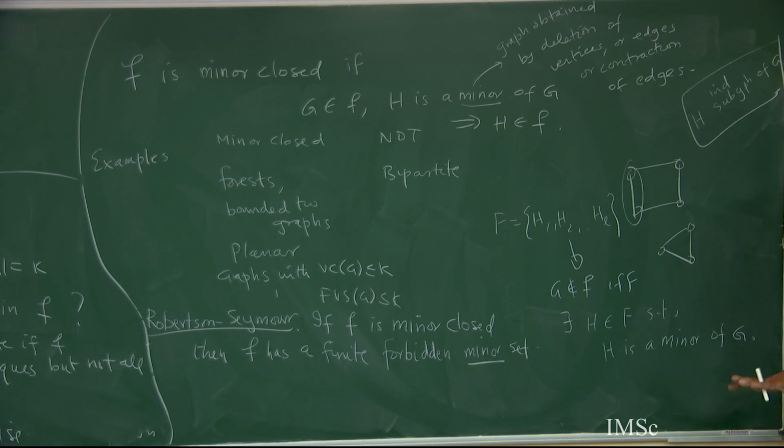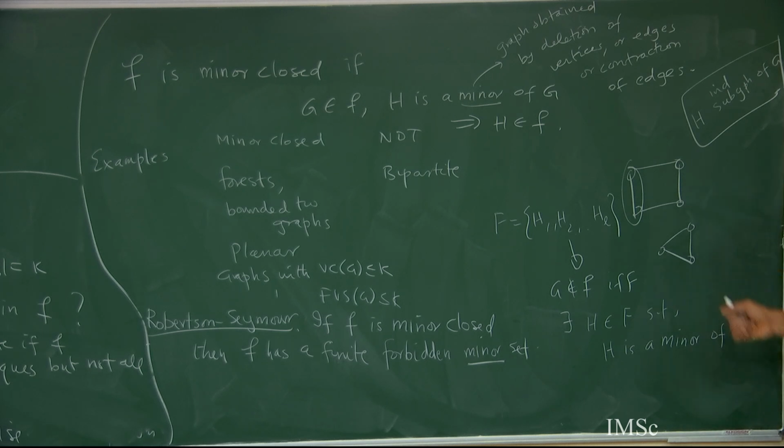Run through all possible permutations of the vertices and check. We don't have a polynomial time algorithm to check whether two graphs are isomorphic, but you don't need it because H is small. Remember, in the forbidden subgraph characterization, the size of these forbidden sets is a constant. So you run through all permutations and do this check. So that means it's n choose |H|.